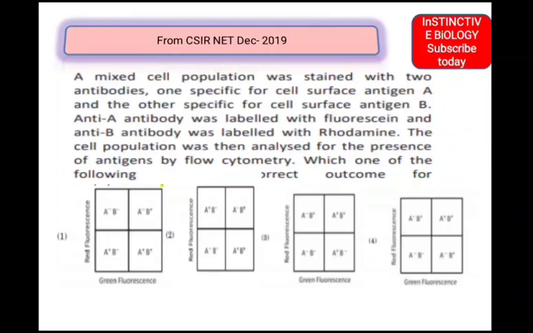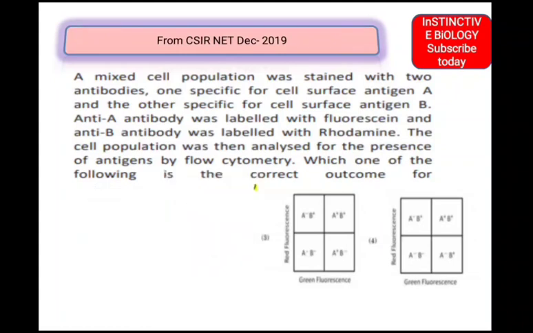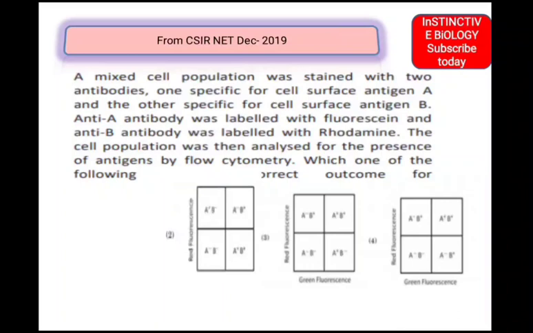So we have to look for the red and green fluorescence. Now A cell is having green color fluorescence and B cell should have red color fluorescence. In the first option they have given lower left panel as A plus B minus, which is a wrong option because there is background level fluorescence and no reaction. So the first option is ruled out. Now let us go towards the second option.